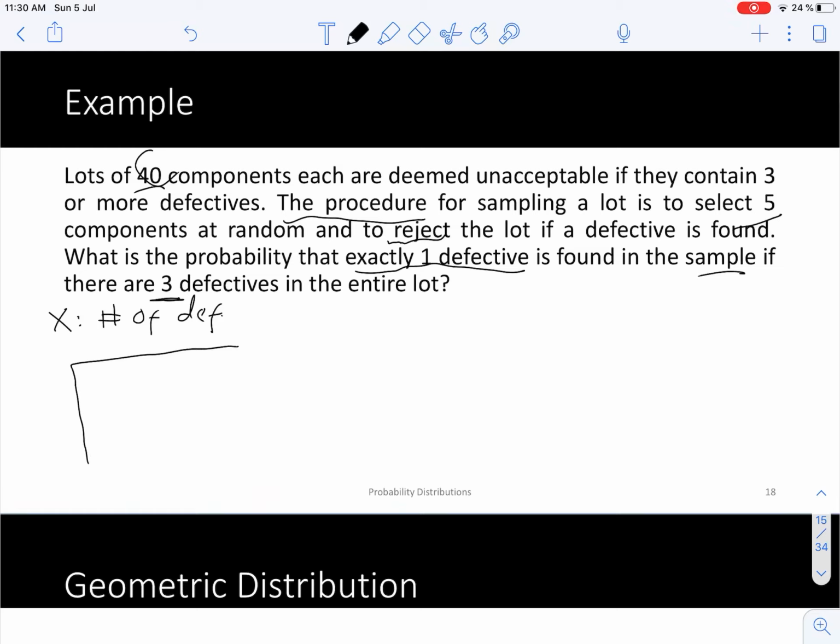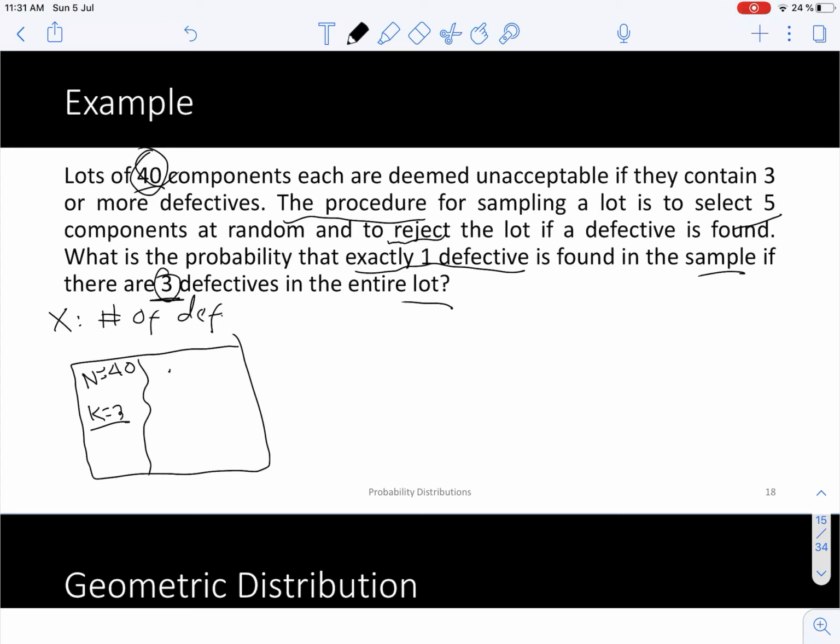Now to understand this problem a little better, we have 40 objects or products in total. That's the batch size, right? We know that some of them are defective. To be more specific, here we're told that there are 3 defective in the entire lot. So that means that there are k equal to 3 products that are labeled as defective, right?